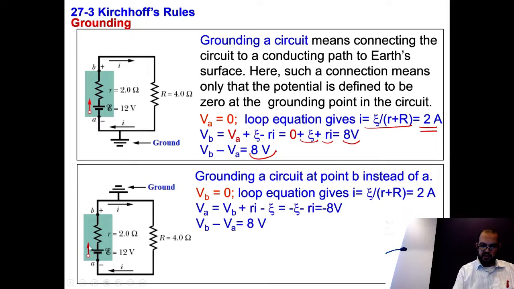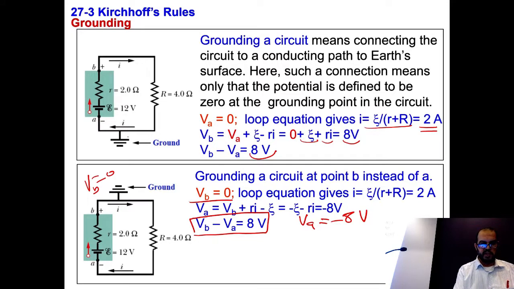Notice now VB is equal to 0, not VA. So now VB is equal to 0 because it's connected to ground. But VB minus VA is still 8 volts. So since VB is equal to 0, that means VA is going to be equal to minus 8 volts.